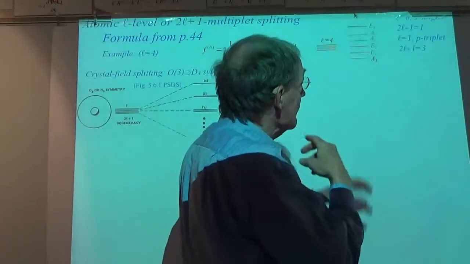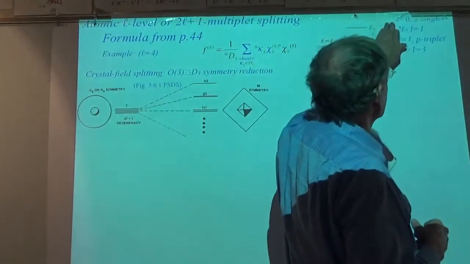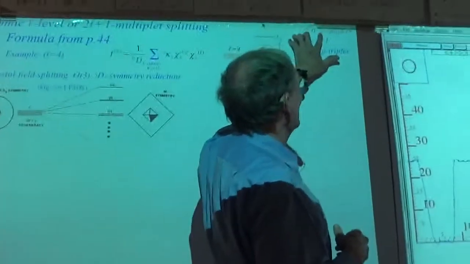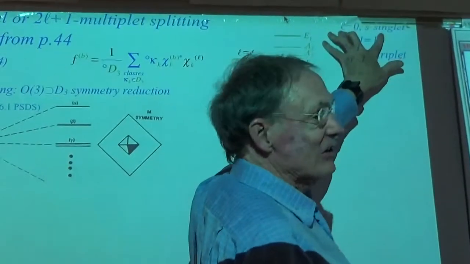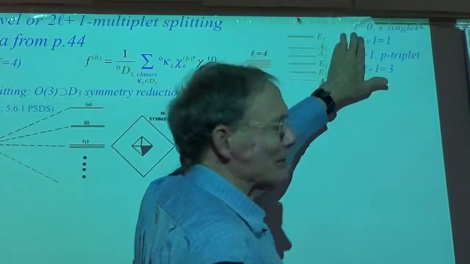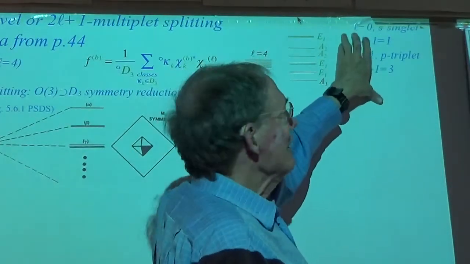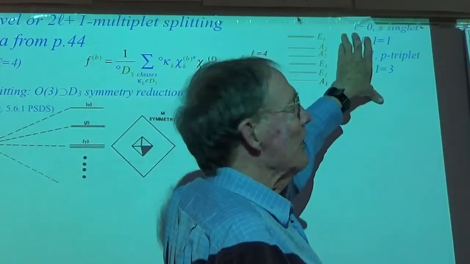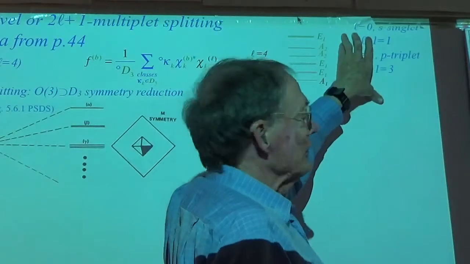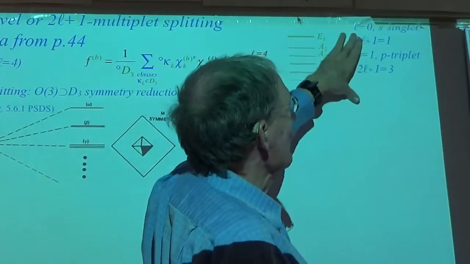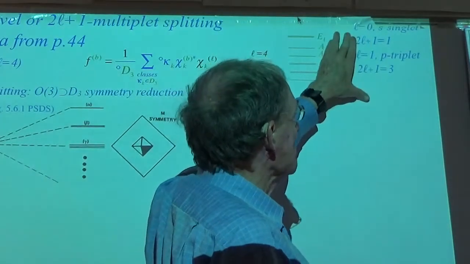Now, what it says here is L equals 0 is called an S singlet. Now the S doesn't stand for singlet, unfortunately. S stands for sharp, because the S transitions in hydrogen turned out in a particular experiment to be sharper than others, so they got that name.